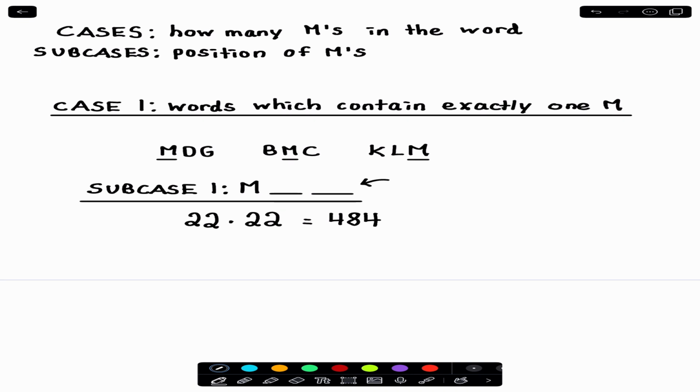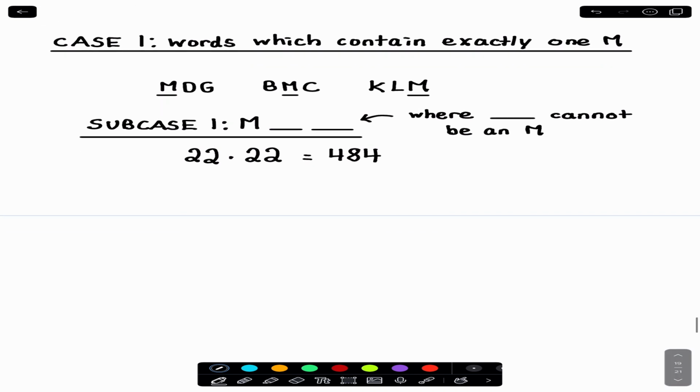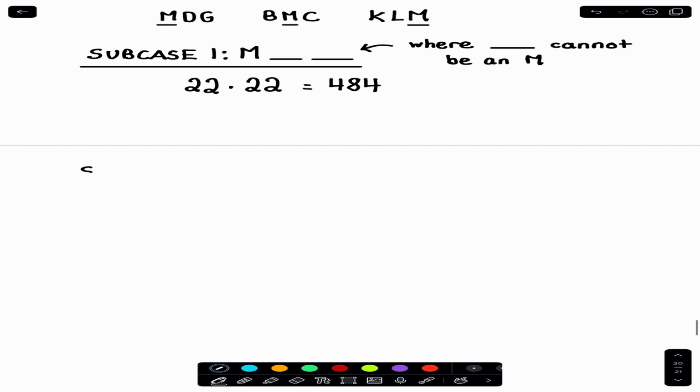So let's just specify that, where this little placeholder cannot be an M. Looks good to me.